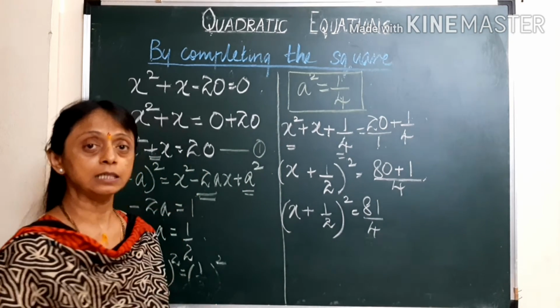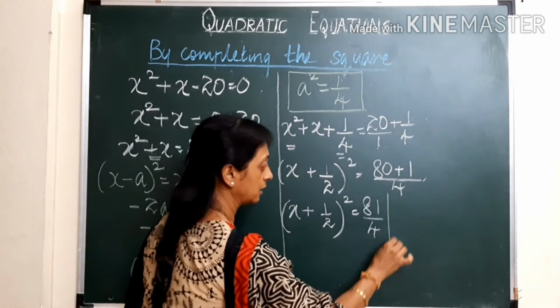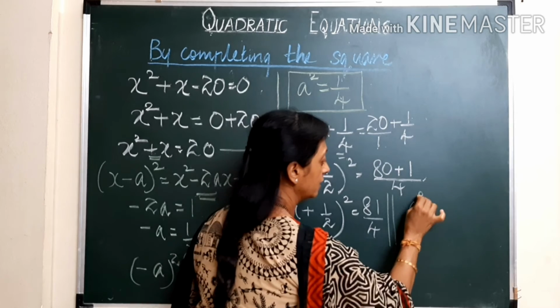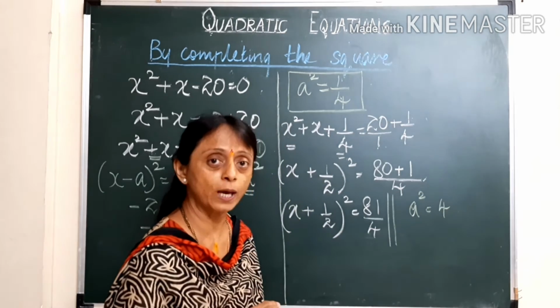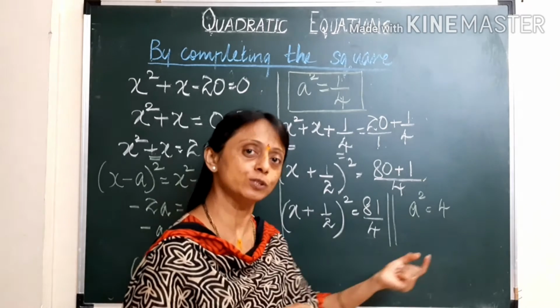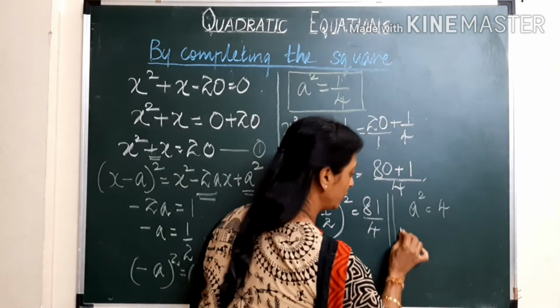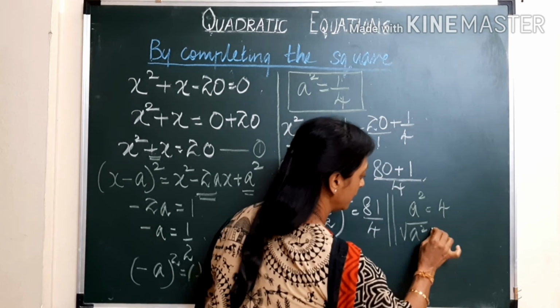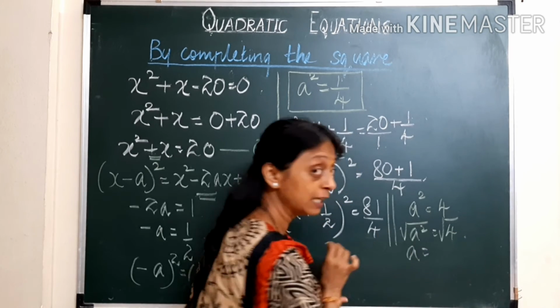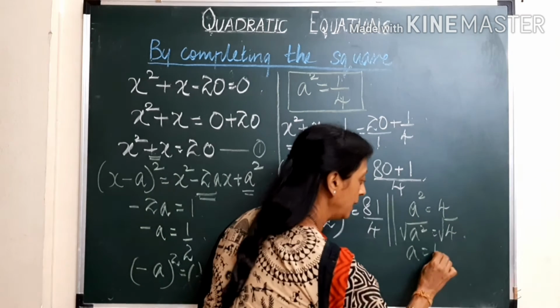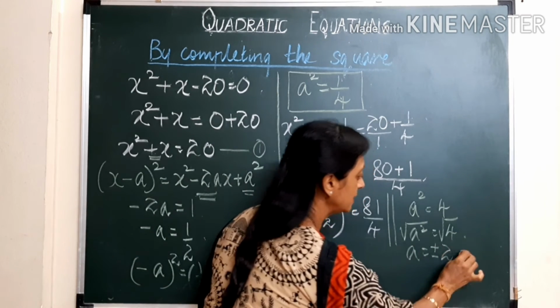Now children, in the earlier classes you have learnt, if a square is equal to some number, 4, then how do you find out the value of a? Take the square root on both the sides. So what do you get? Square root of a square will be square root of 4. Therefore, a will be equal to plus or minus 2.